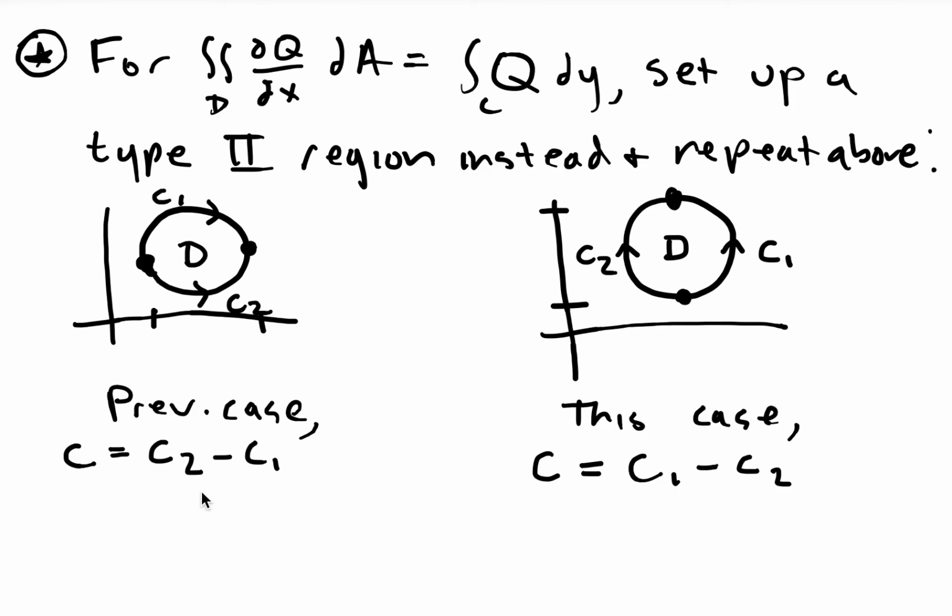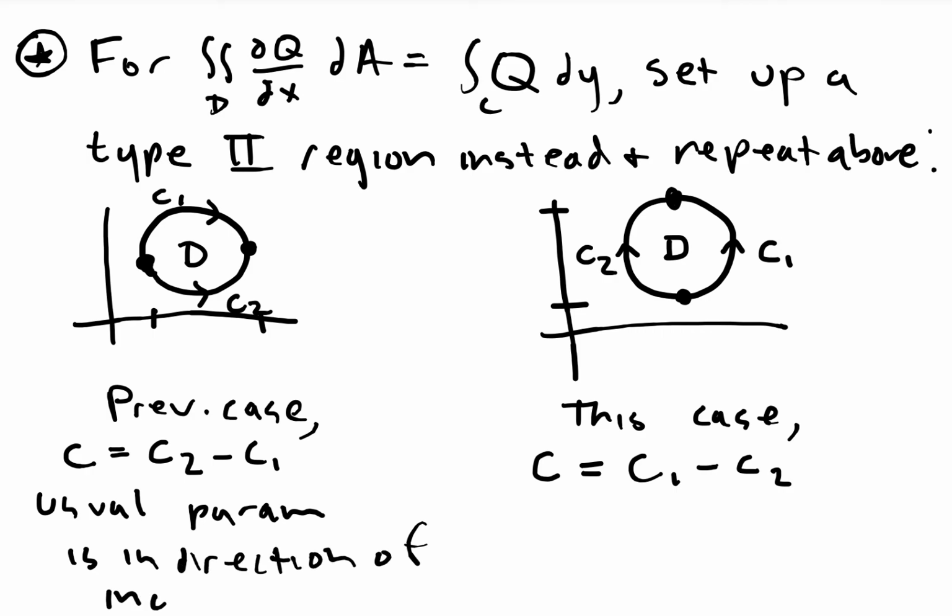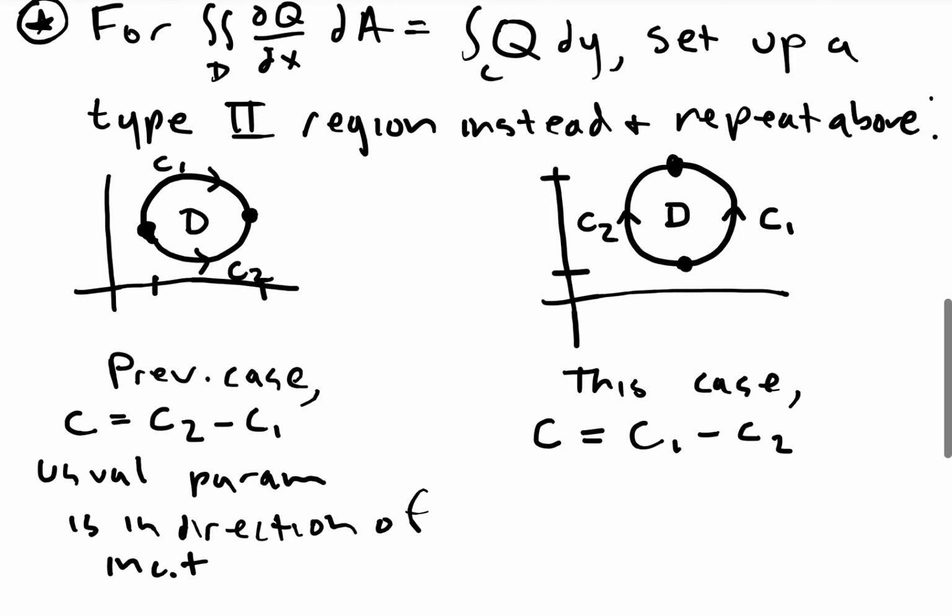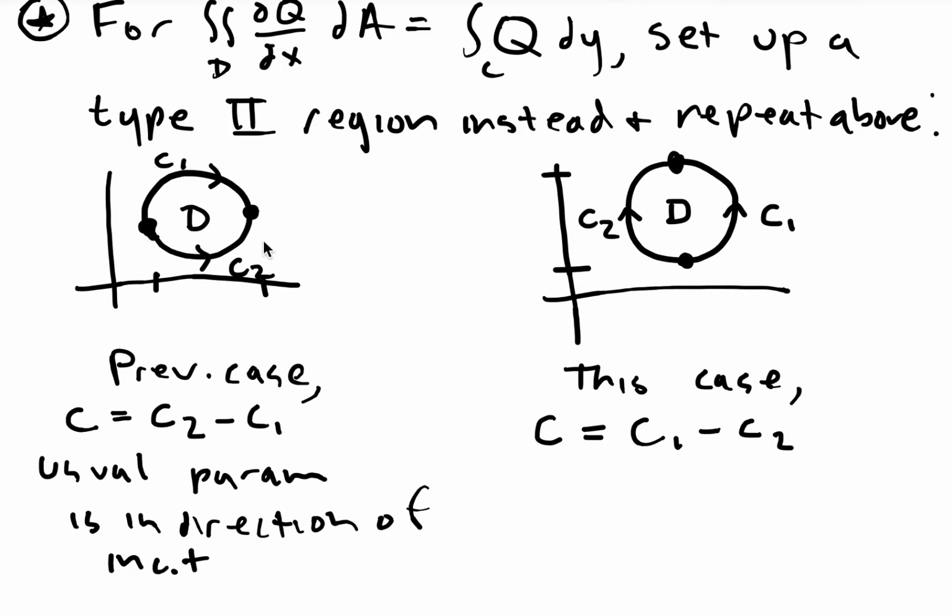before the previous case, the one that we just did where I had a C1 and a C2 curve. Remember, when we went to try to form the overall C curve, we had to go in the same direction as C2, but the opposite direction of C1. Okay, so my C ended up being C2 minus C1. Now, the reason that I drew these pointed in this direction is that my usual parameterization, this guy is in my direction of increasing T, and what that's going to give me here is, as T gets bigger, my arrows will point to the right.